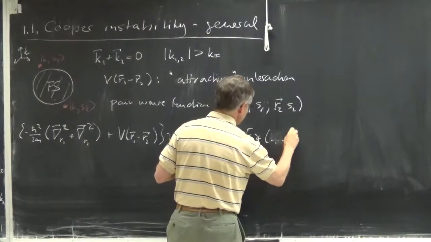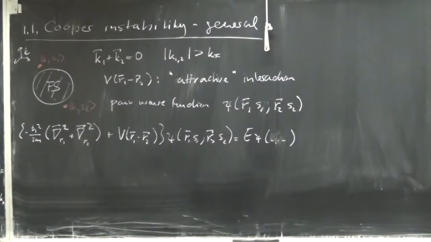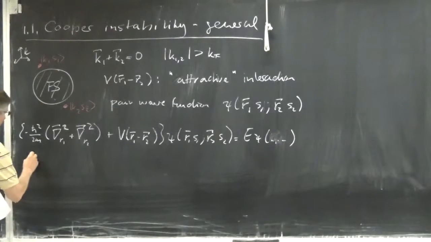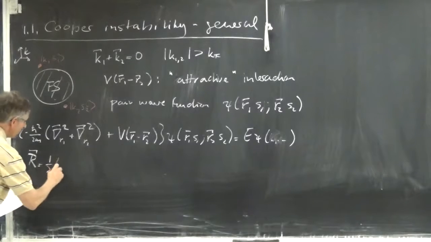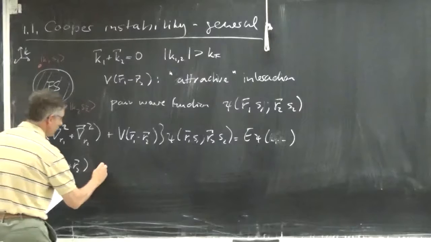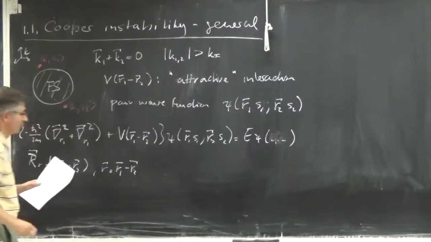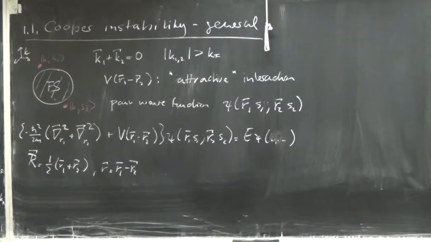Yeah, so here just the same arguments. Now, we separate out center of mass motion and relative motion. So very similar as we do in the case of a hydrogen atom.